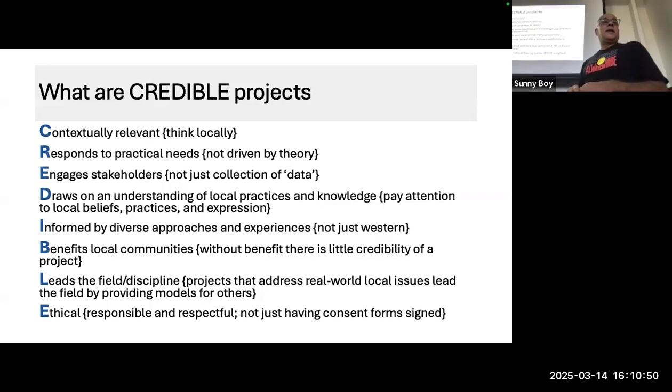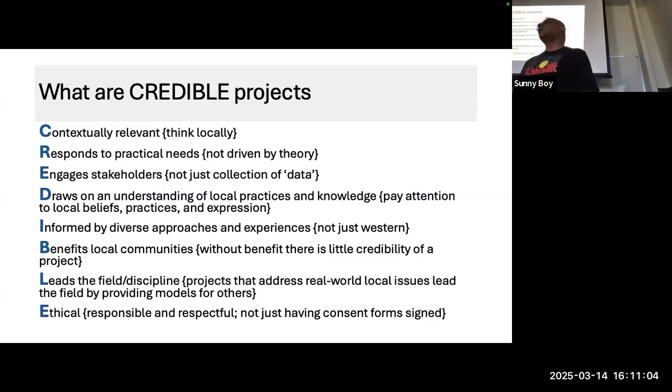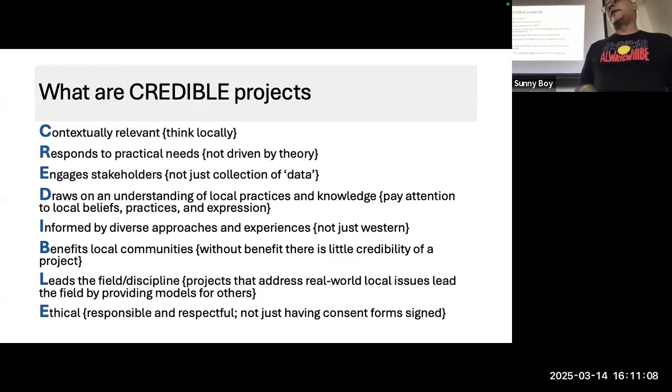Credible projects are driven not by theory, but they respond to real world practical needs. And theory can be very relevant and is very useful. In fact, for Frog River, we composed it keeping theory in mind, but that is not always the case. In some cases, we may ignore it, especially when I'm working with people who have no linguistics training at all. So it's about thinking around different ways of engaging with them.